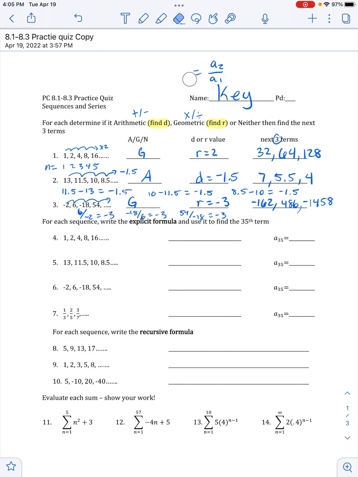Because I can't guarantee or promise, mostly because I can't remember, if there was something that was neither, it might be something like, let's say I had 3, and then 6, and then 11, and then 18.